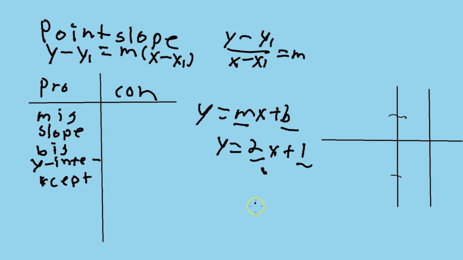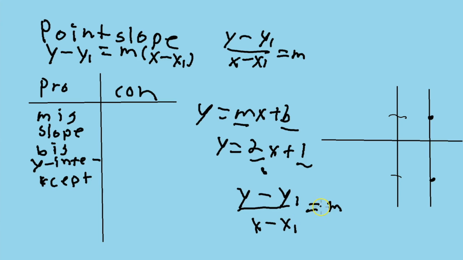When we plug these points into the slope formula, since the x doesn't change at all, the x's are exactly the same. Therefore, the change in x is 0, which would be dividing by 0.